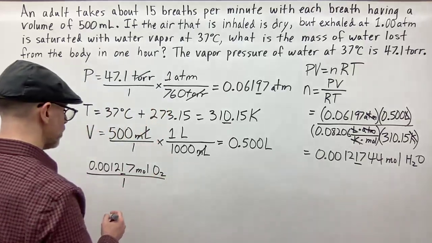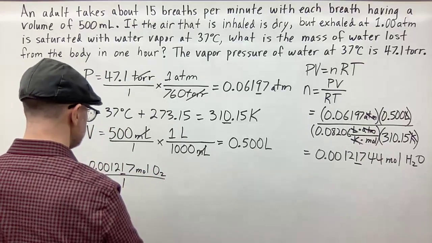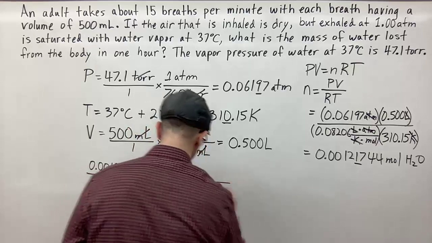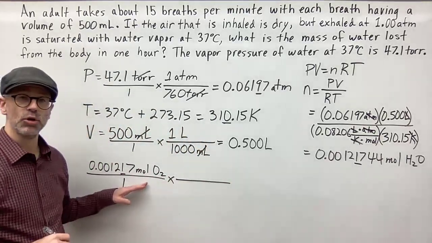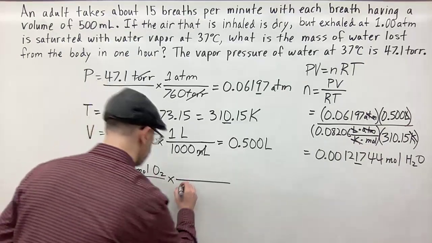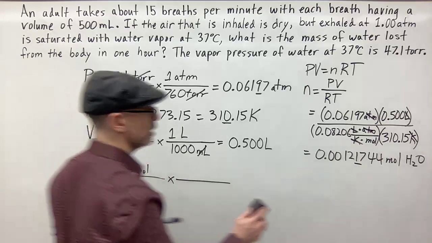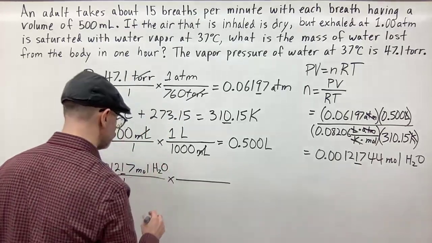Okay, so here, let's see. I'll just do my molar mass. So first I'm going to convert moles to grams using the molar mass of water. So this should be water, not O2. So H2O.